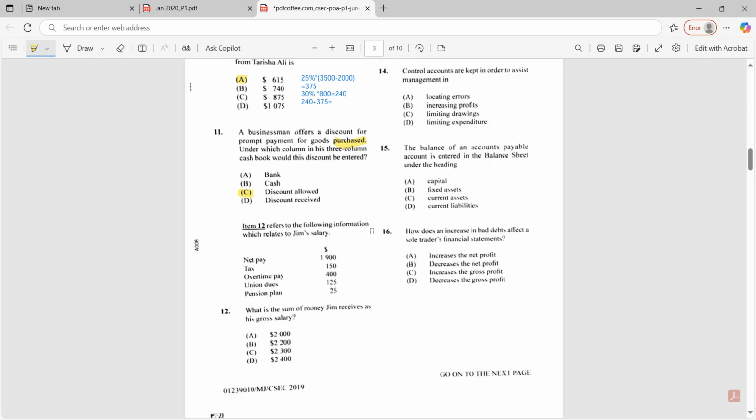Item 12 refers to the following information, which relates to Jim's salary. So we have net pay, tax, overtime, union dues, and pension plan. What is the sum of the money Jim receives as his gross salary?